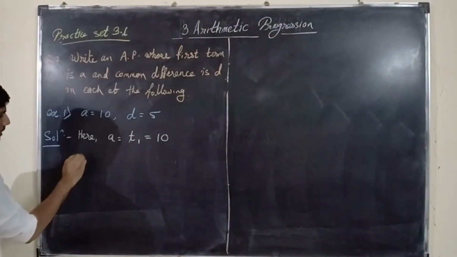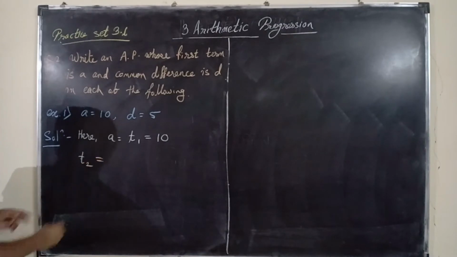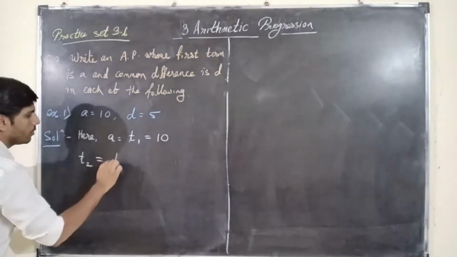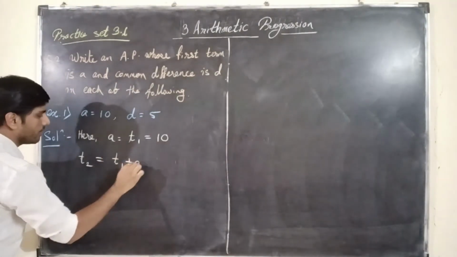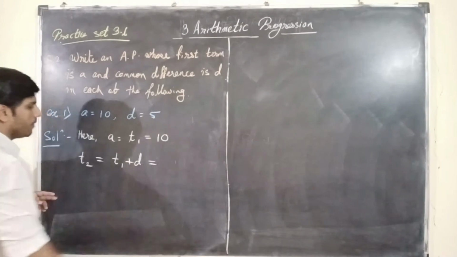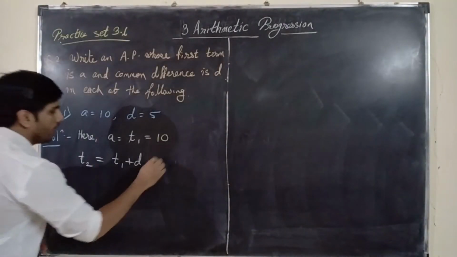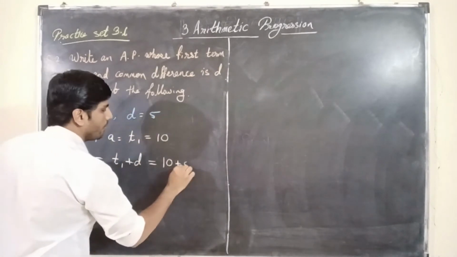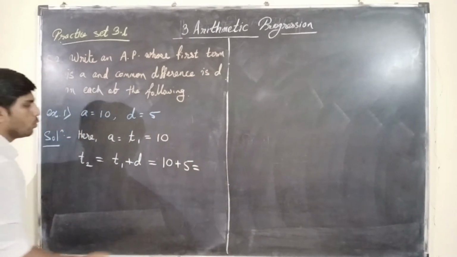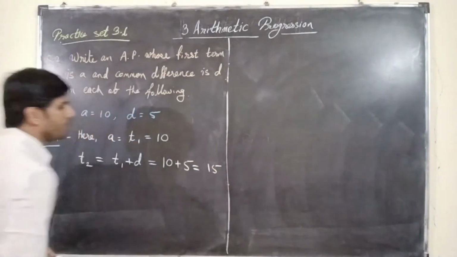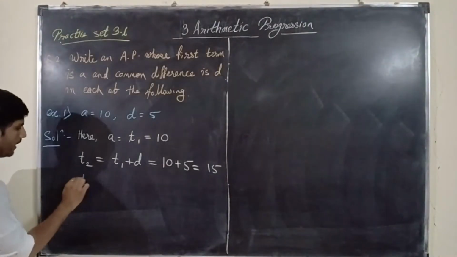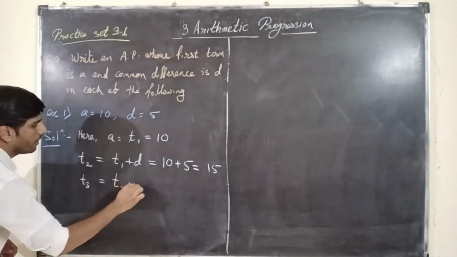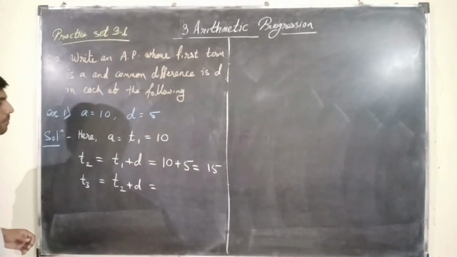Now we will find the next term, that is t2. To get t2, we will add the common difference to its previous term. So we will write here t1 plus d, which is equal to, t1 is 10 and d is 5. So t2 is 15. Now to get t3, again we will add the common difference to its previous term.